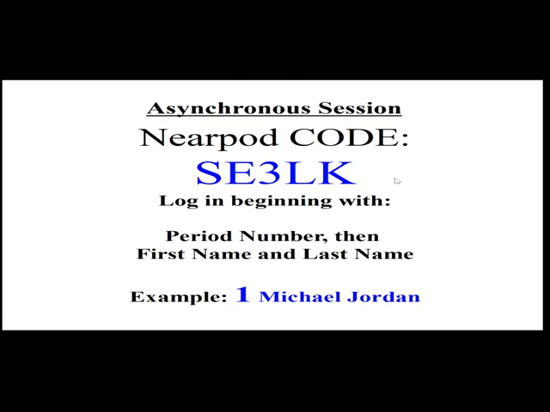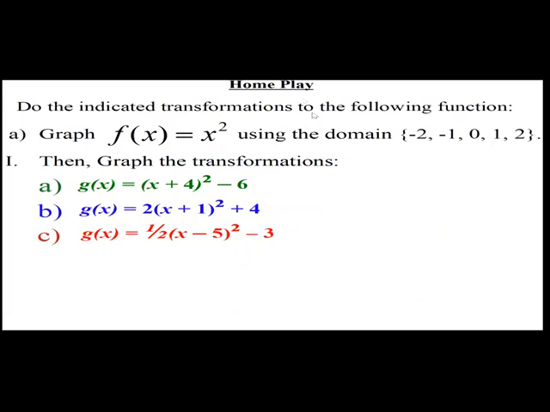All right, and your home plate for tonight, it reads, home plate. Do the indicated transformations to the following function. It says graph f of x equals x squared using the domain -2, -1, 0, 1, 2. Then graph the transformations in for part A in green. You're going to transform it using green, and it reads g of x equals (x plus 4) squared minus 6.